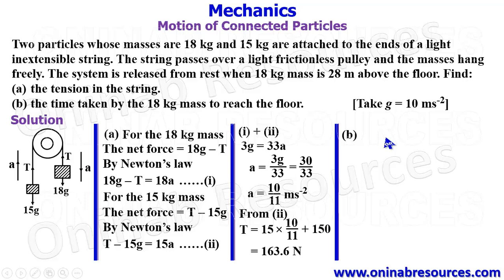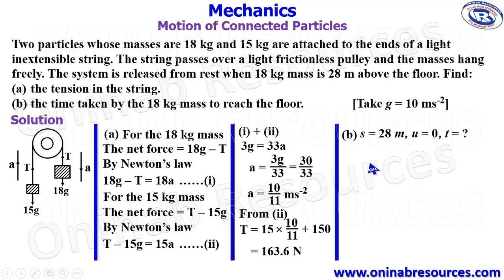We take S equal to 28 meters, that is the distance. Since it is released from rest, the initial velocity is 0. We already have our acceleration to be 10 over 11 meters per second squared, and we are looking for time.